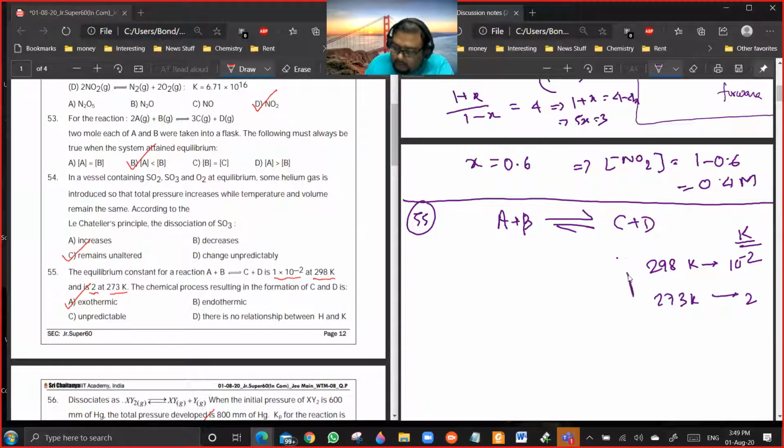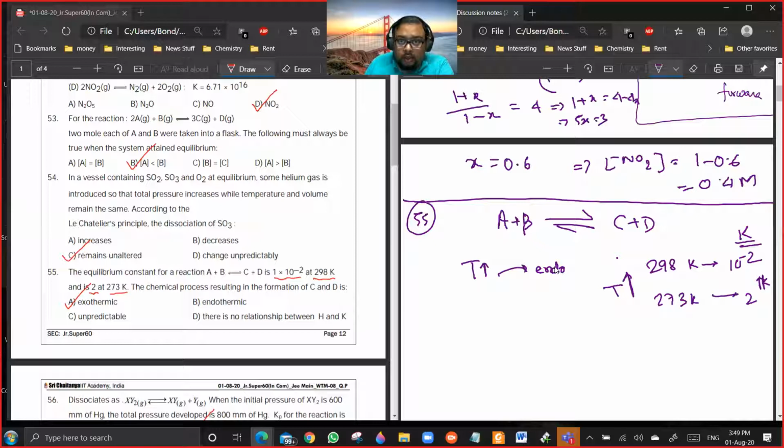See, as the temperature is increasing, the value of K is decreasing. Now, when temperature is increasing, the reaction shifts in the direction of the endothermic reaction.